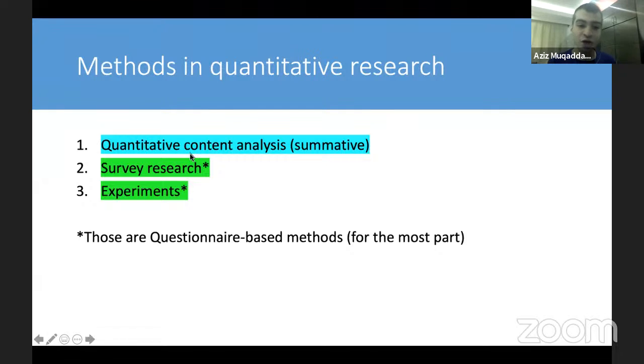So in quantitative research in communication, we're covering three methods. One was quantitative content analysis, which we already covered, right?